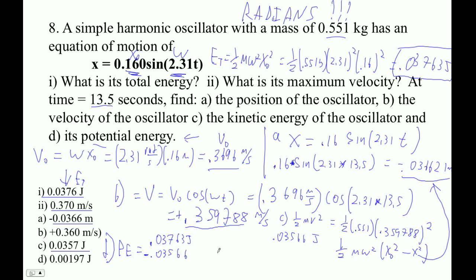And the answer I'm getting here is 0.0019715 joules, right? Which is this guy.